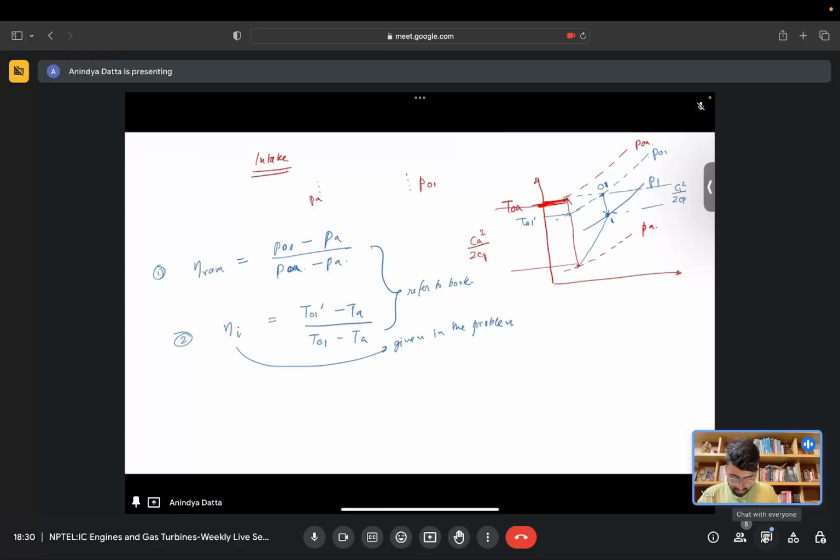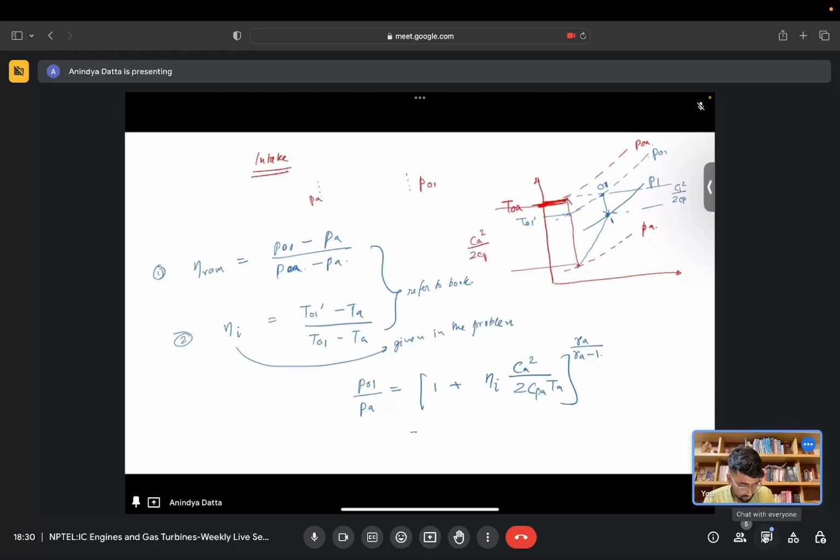Since this isentropic efficiency is given, the stagnation pressure at the inlet to the compressor can be written as P01 equals Pa times 1 plus eta intake times Ca square by 2 Cp of air times Ta, to the power gamma of air by gamma of air minus 1. Here I am adding a subscript to the specific heat Cp and the gamma because we are doing it for air.